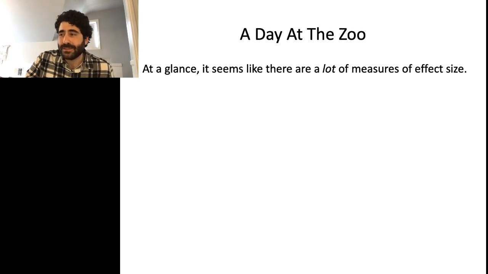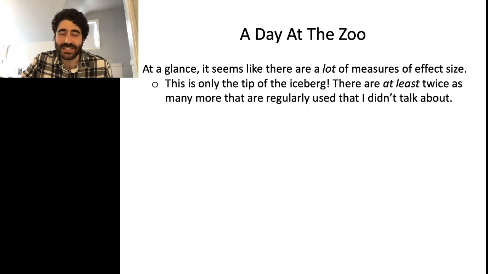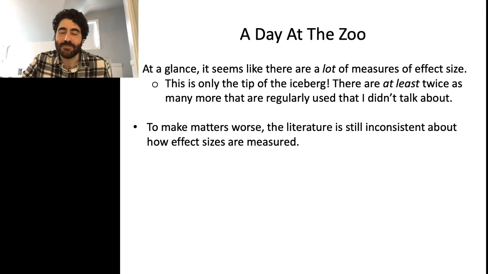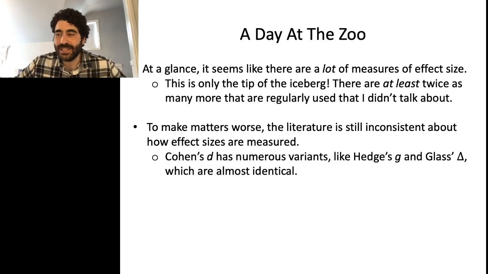So it might seem like there's a lot of ways of measuring effect size, and there absolutely is. In fact, there are lots of other ones that we're not talking about today. The somewhat more troubling thing is that people don't even really agree about how you should be measuring effect sizes. For example, for Cohen's d, there are at least 6 different versions that are all measuring something really similar.